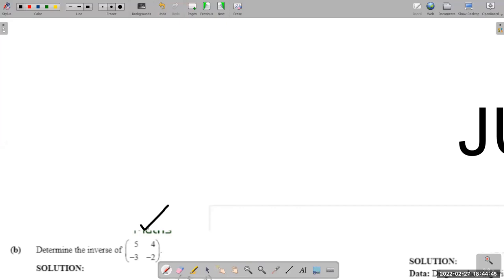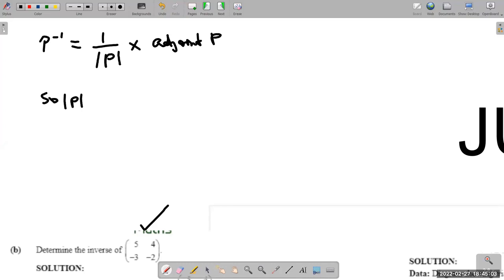Okay, so we have some people who are done. So let's call this P. So P inverse would be equal to the formula we spoke about, 1 over the determinant of P times the adjoint of P. So what is the determinant? The determinant of P is equal to 5 times negative 2 minus 3 times negative 3, 4 times negative 3.